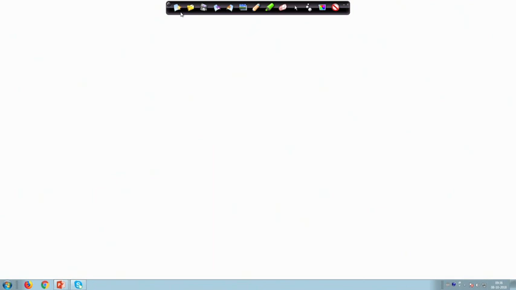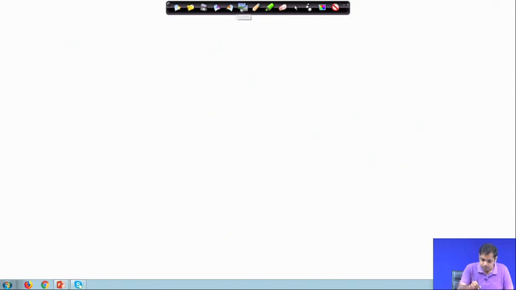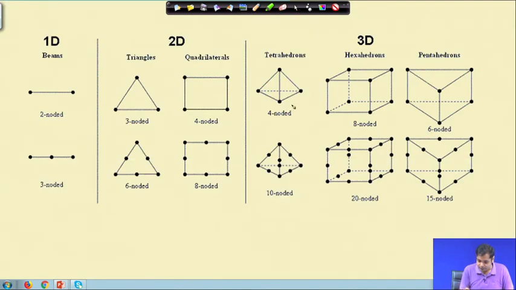Okay. Now, similarly, suppose we have an element in 3 dimension, for instance, this kind of element, a tetrahedron. We have 3 nodes and another one, a total of 4 nodes. So, if we have this kind of element, then what happens?